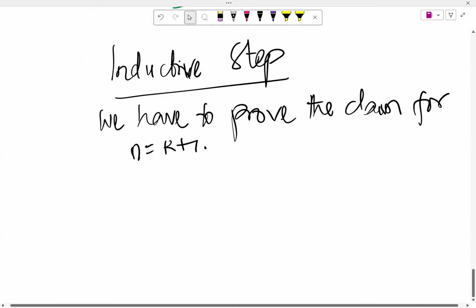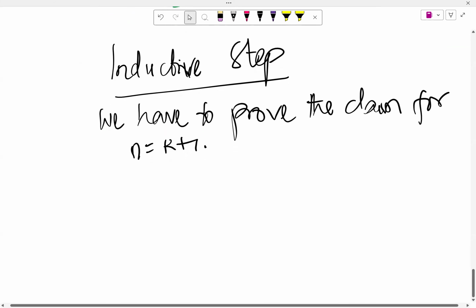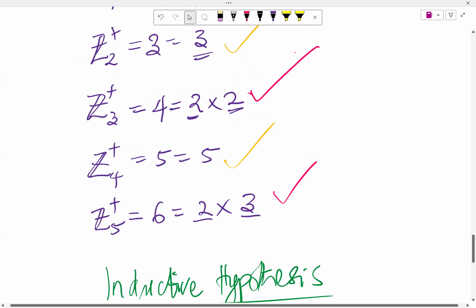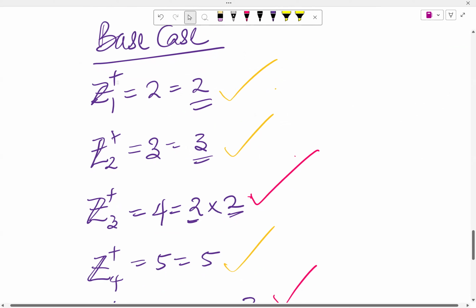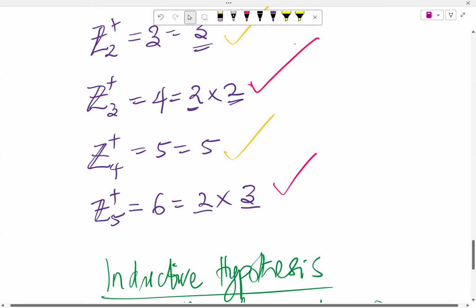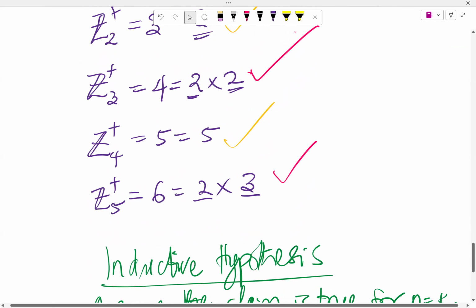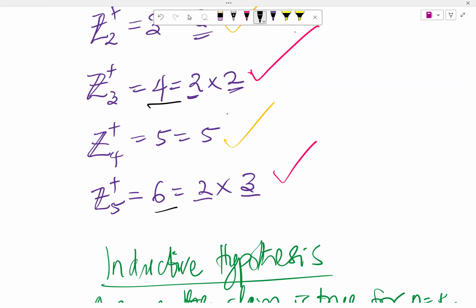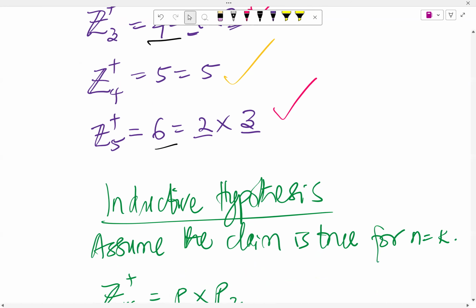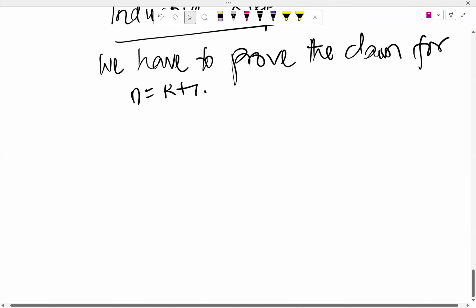So how do we do that? Here we are not dealing with formulas, so that's the issue. Just like you've seen in the base case, we have two cases. We have cases where the numbers are already prime numbers, like 2, 3, and 5, and we have cases where the numbers are products of prime numbers. So at the inductive step, we have to consider those two cases. Case one.